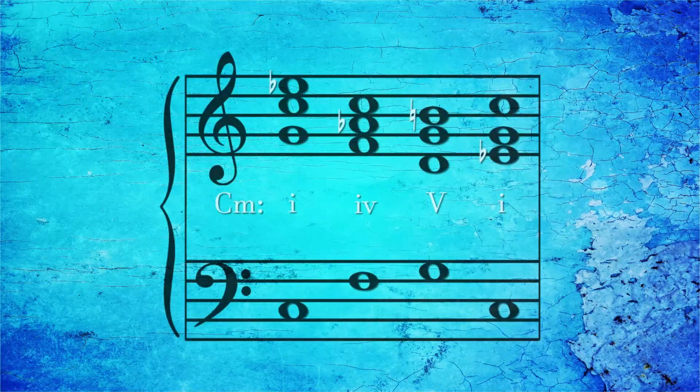The origins of this chord can be traced back to a chord progression from minor 4 to 5. For instance, in C minor, this progression would be F minor moving to G major.